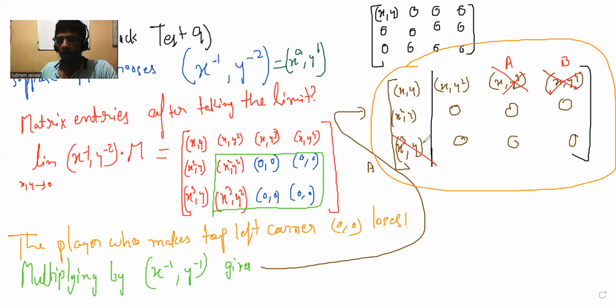This one. 3 comma 1. Yes, and you see it is legal to do it, right? Because when you pick that entry, you have to make everything to the right and below 0, and everything to the right is 0. There's nothing below. So B makes this 0. Now what should A do? What can A do to win?